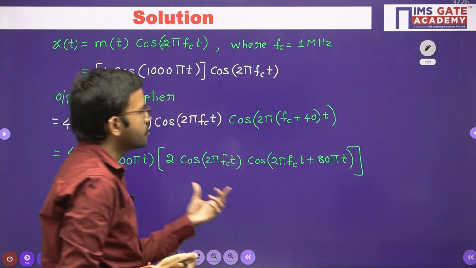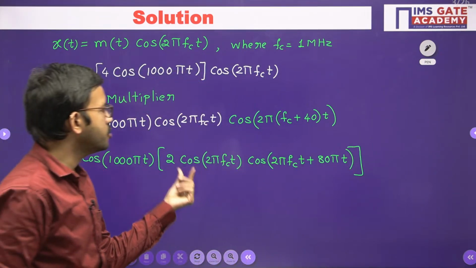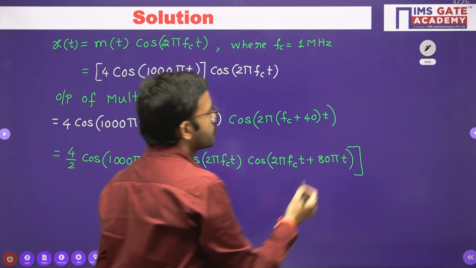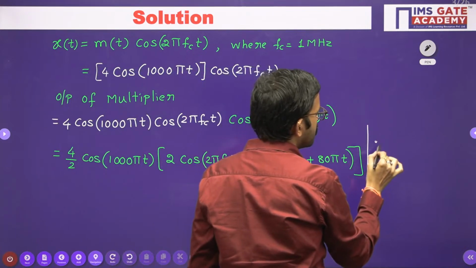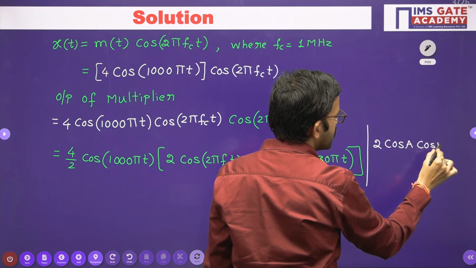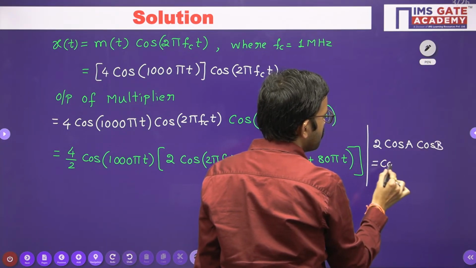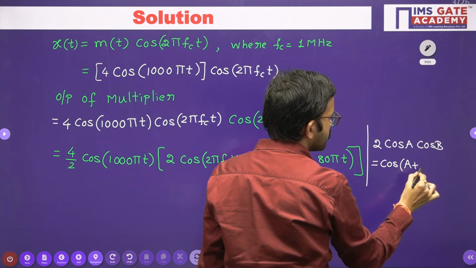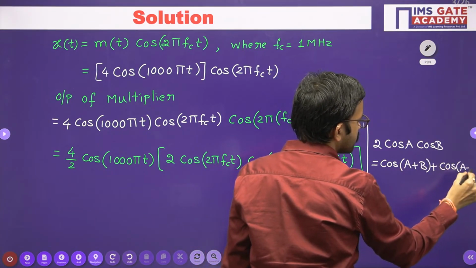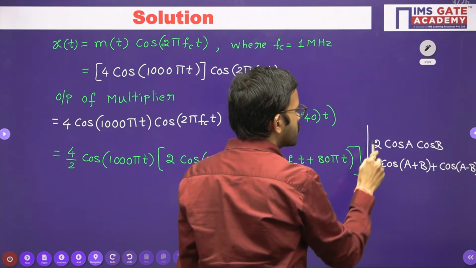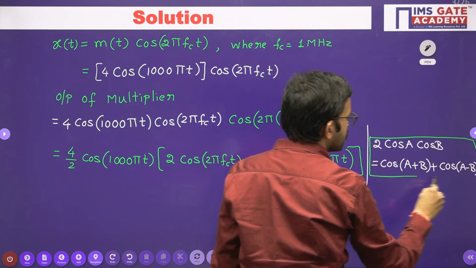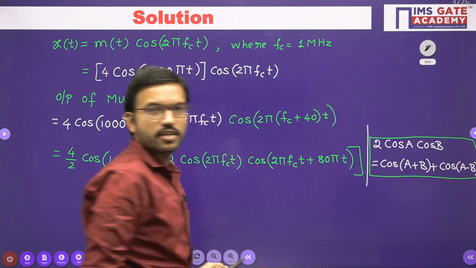I hope all of you know the standard trigonometric equation regarding 2 cos A cos B: it is nothing but cos sum plus cos difference. So for the timing I'm writing here, 2 cos A cos B is equal to cos sum plus cos difference, right?